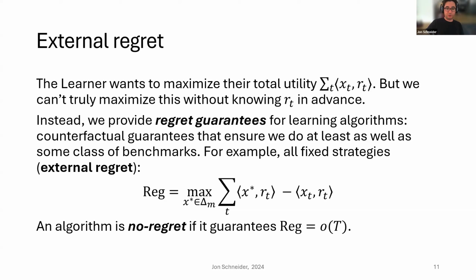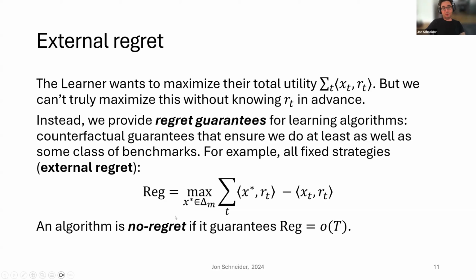So these are counterfactual guarantees that ensure we do at least as well as some class of benchmarks. One of the simplest regret guarantees you can hope to get is the regret guarantee of external regret, where you compare against the class of all fixed strategies. So what's external regret equal to?